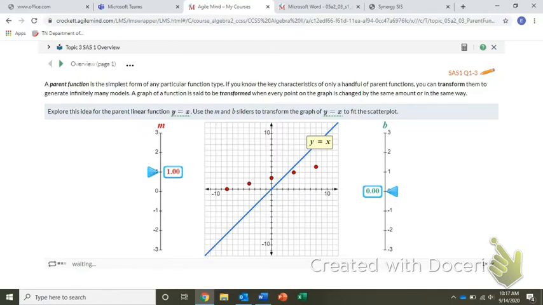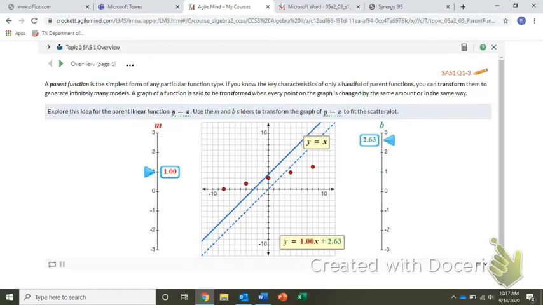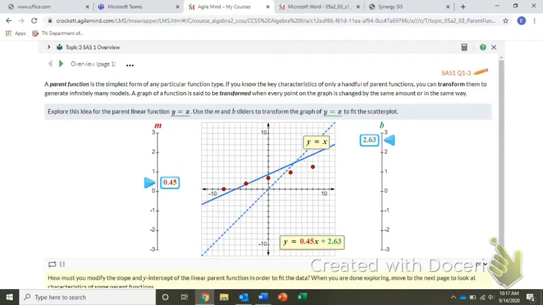Okay, so what I want you to do right now is to mess around with this to get it to be equal on the red dots.